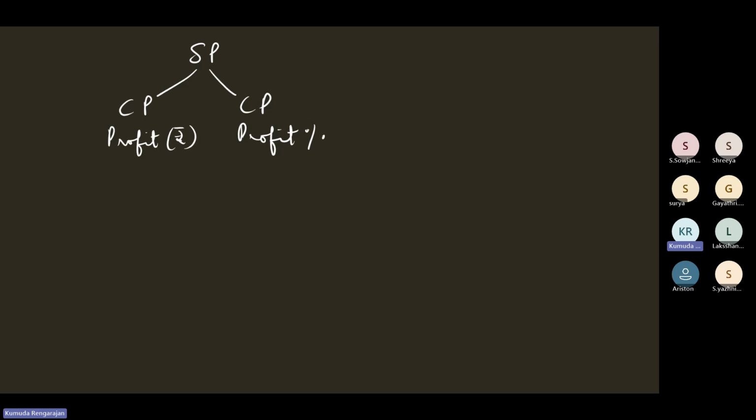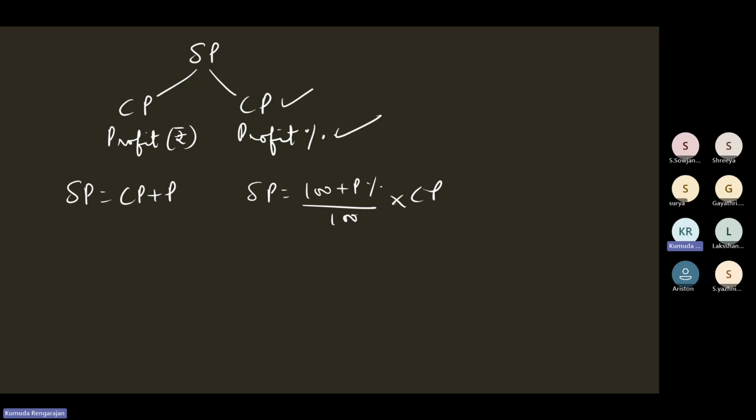So this is different. Here, what is CP? That is finding SP. SP is equal to CP plus profit when profit is given in terms of rupees. SP is equal to 100 plus profit percent by 100 into CP if CP and profit are given as a percentage.